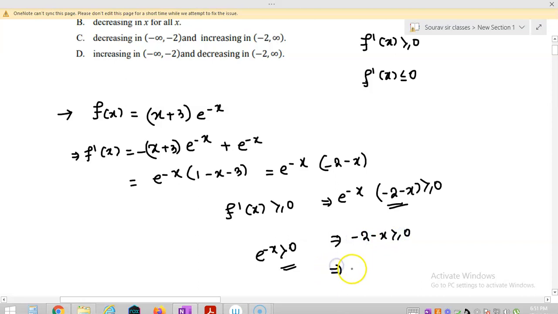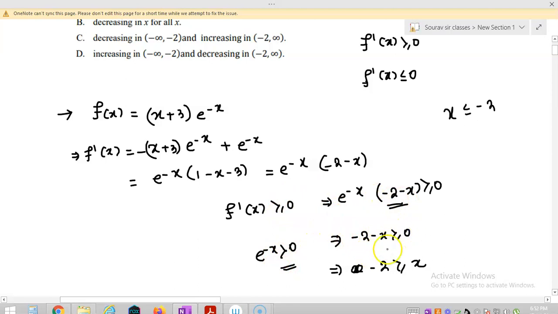So -2 is greater than or equal to x. When x is less than or equal to -2, it is an increasing function, since f'(x) is greater than or equal to 0.